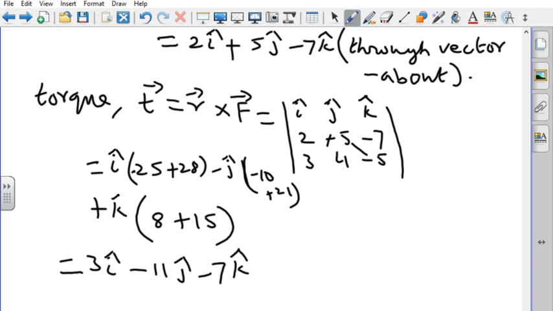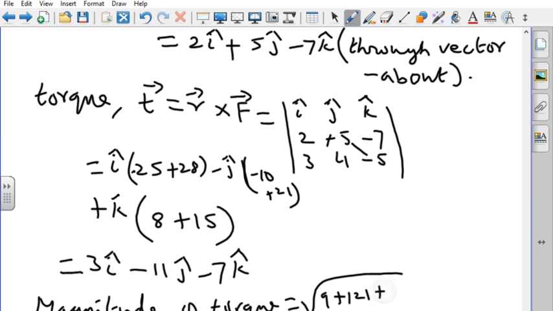Now it is asked to find the magnitude of the torque. Magnitude is nothing but the modulus. So magnitude of torque is equal to square root of 3 square, which is 9, plus 11 square, which is 121, plus 7 square, which is 49, which is equal to root of 179.